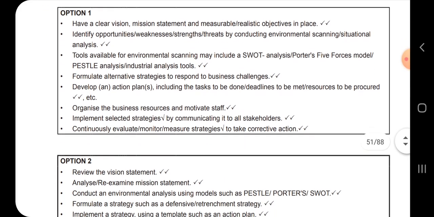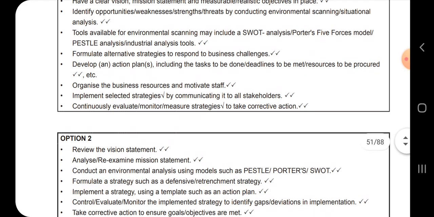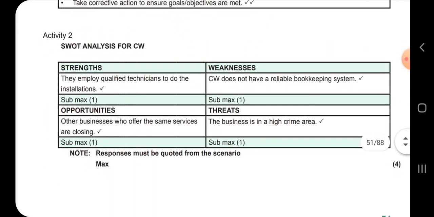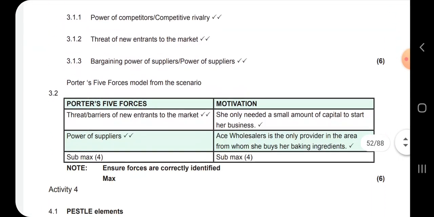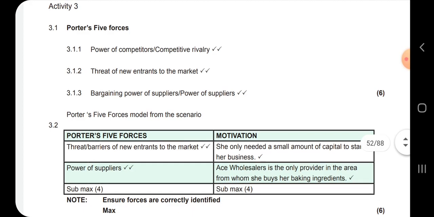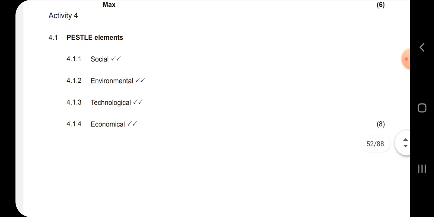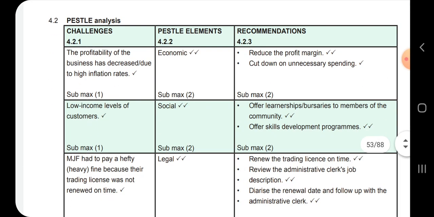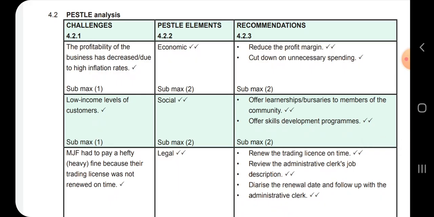And let's see the possible solutions. This is for activity 1. For activity 2. Activity 3. Activity 4. Activity 4.2.